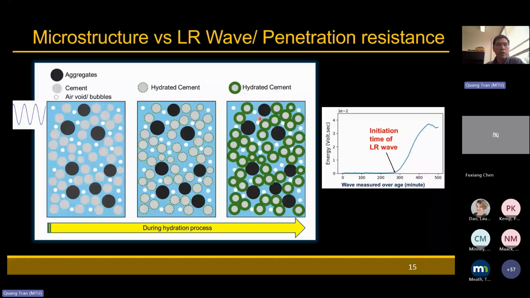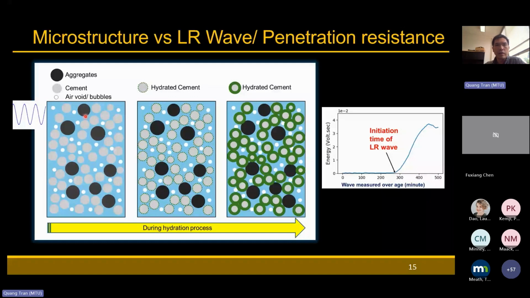That's why when we transmit the wave in this first phase, we're not going to have any shear wave traveling, because most of it is water, and water does not carry any shear wave.